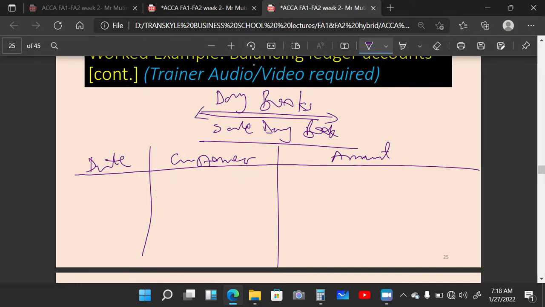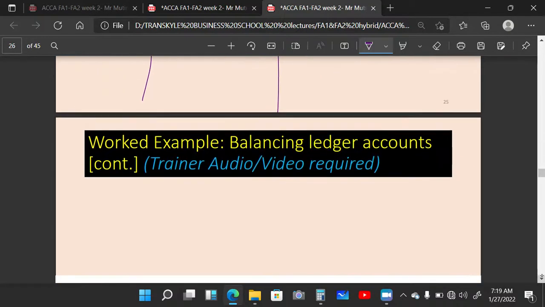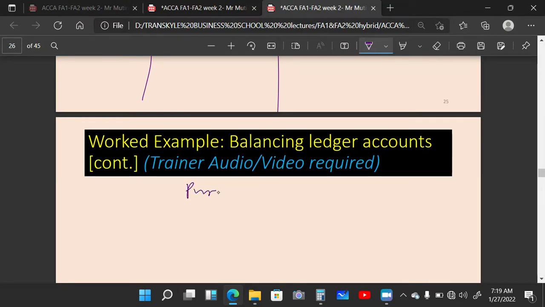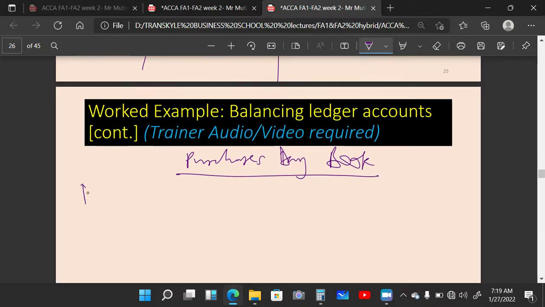We go back to the question. We can also open up the purchases day book, as we did in the cash book analysis, and we need the date, supplier, and the amount.